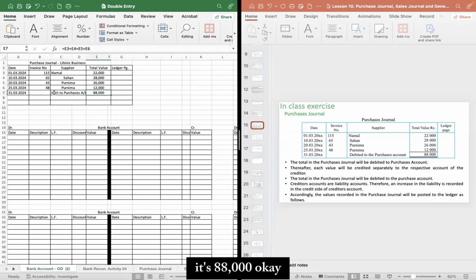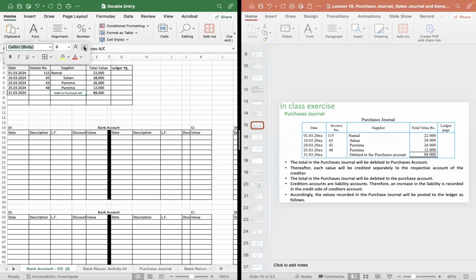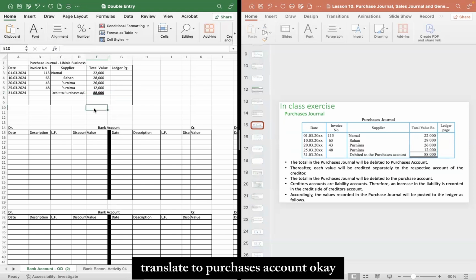It's 88,000. So there you have to transfer it to the purchases account. Now let's see what is being discussed here.